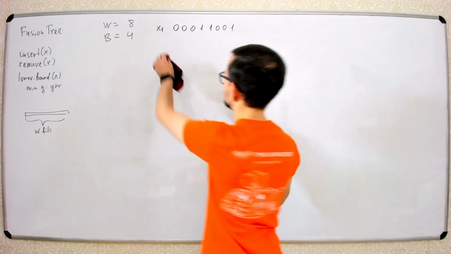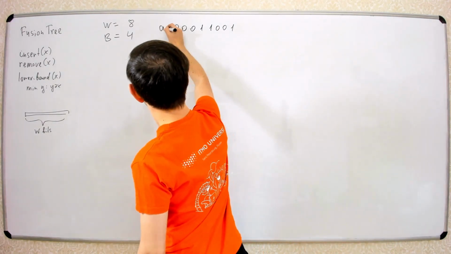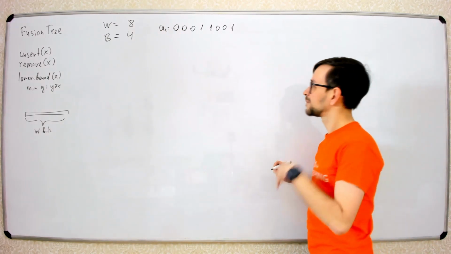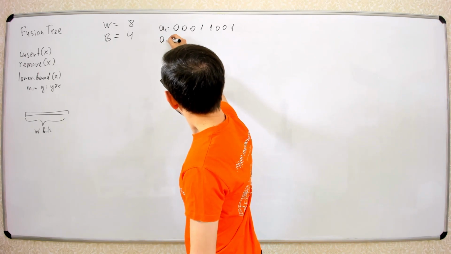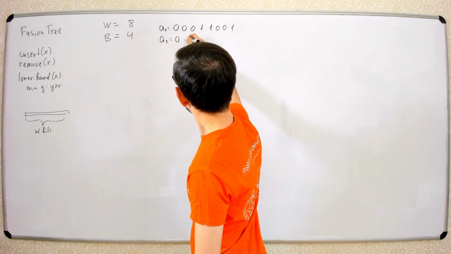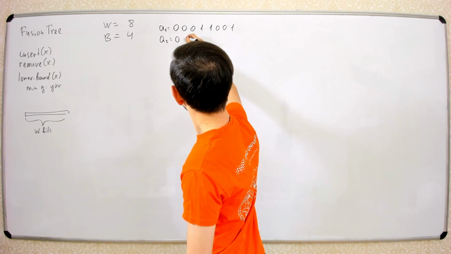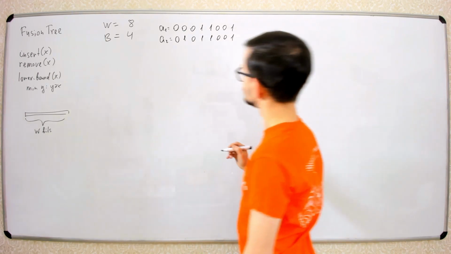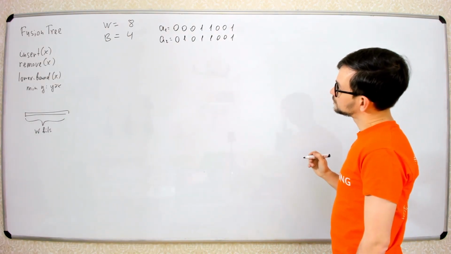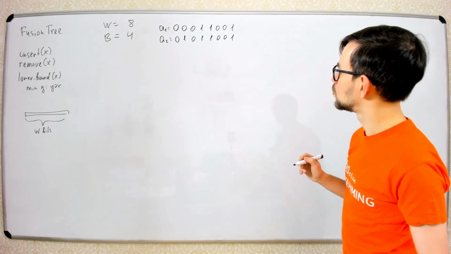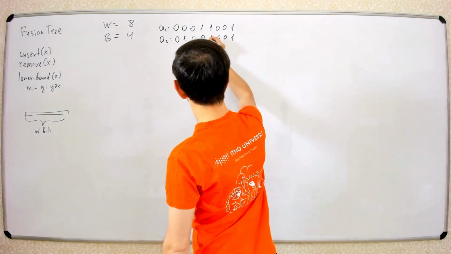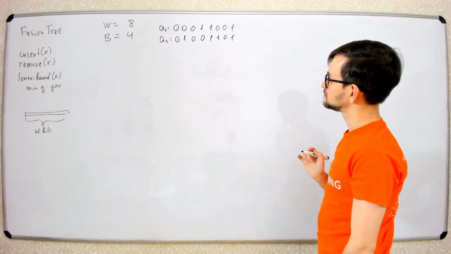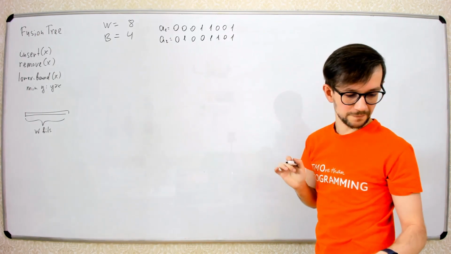Let's use a different letter here. Let's say A1, because I will have X later. So A2 will be, let's say, 0, 1, 0, 1, 1, 0, 0, 1. That's too boring. Let's make 0 here and 1 here. Good enough.